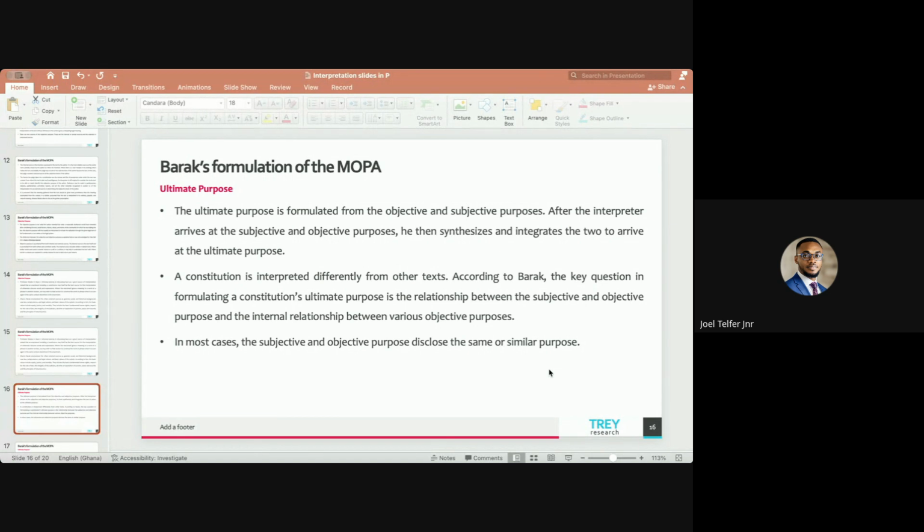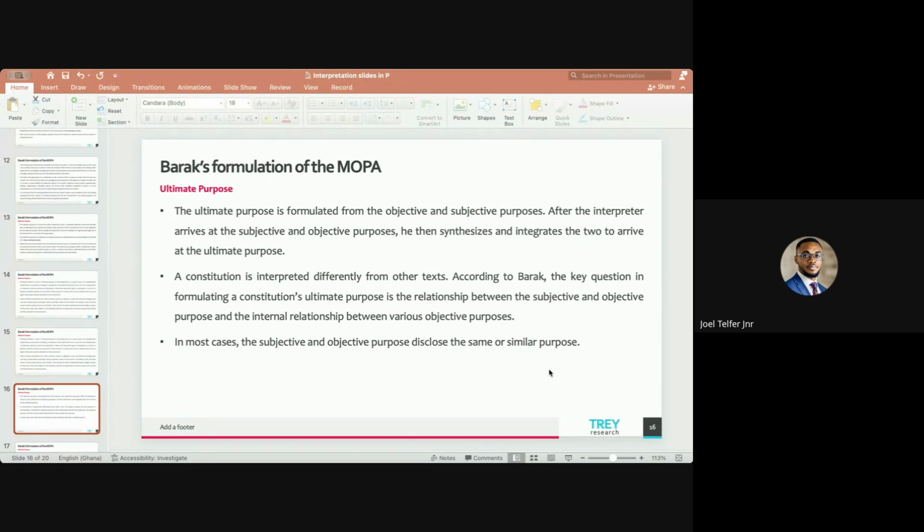And he says that it is a synthesis of both the subjective purpose and the objective purpose that leads you to the ultimate purpose of the text and helps you understand the true legal meaning of a text. To him, oftentimes the objective purpose and the subjective purpose may be one and the same thing. They may coincide.